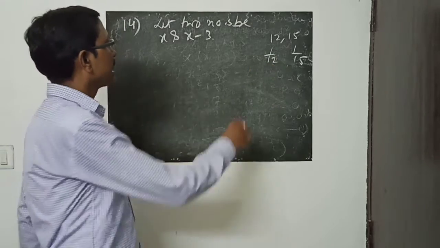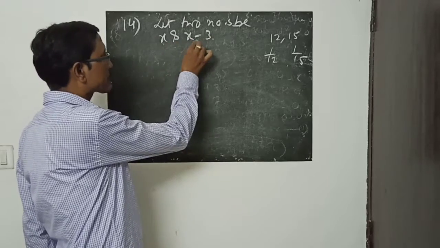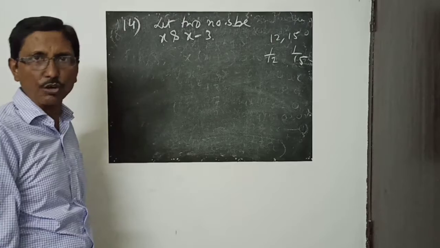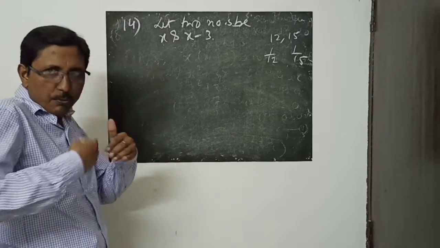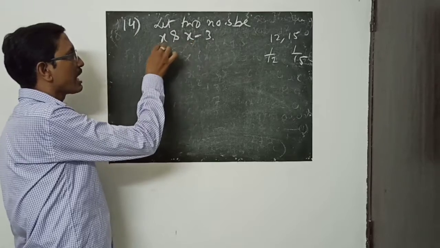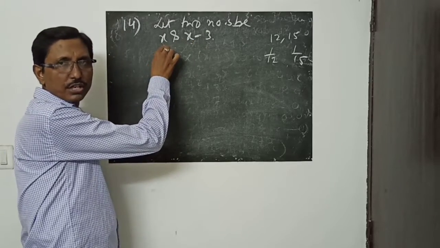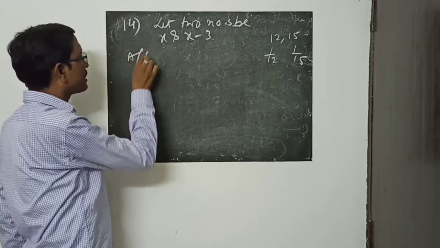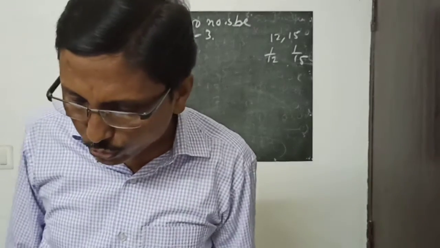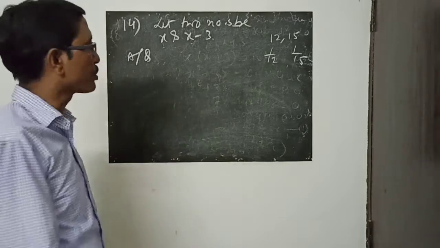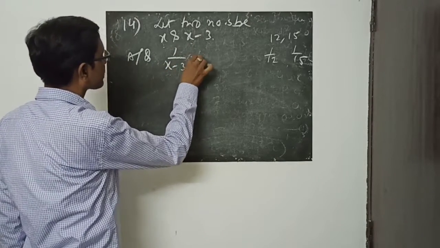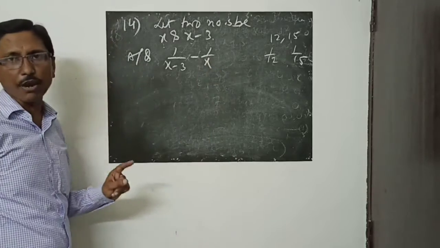That means in x and x minus 3, x is larger and x minus 3 is smaller. But in reciprocal form, 1 by x minus 3 will be larger and 1 by x will be smaller. And since it is given that the difference of their reciprocals is 3 by 28, we should write carefully which one is written first.